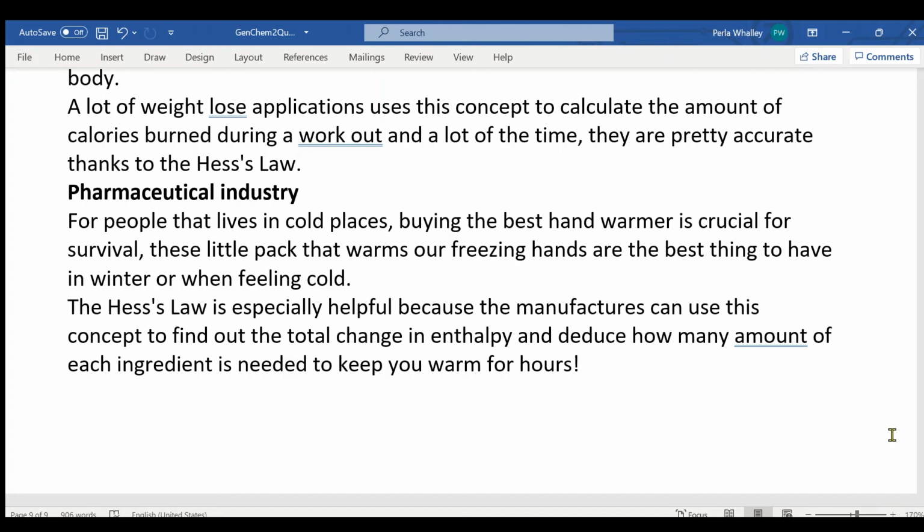The little packs that warm our freezing hands are the best thing to have in winter or when feeling cold. Hess's law is especially helpful because manufacturers can use this concept to find out the total change in enthalpy and deduce how much of each ingredient is needed to keep you warm for hours.